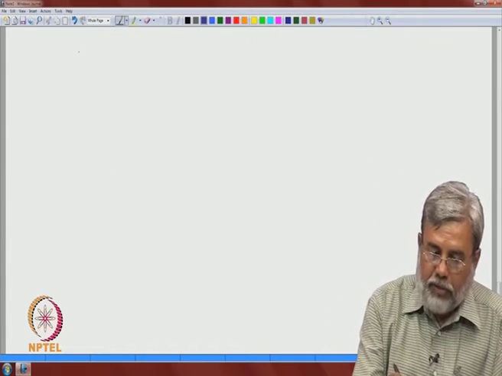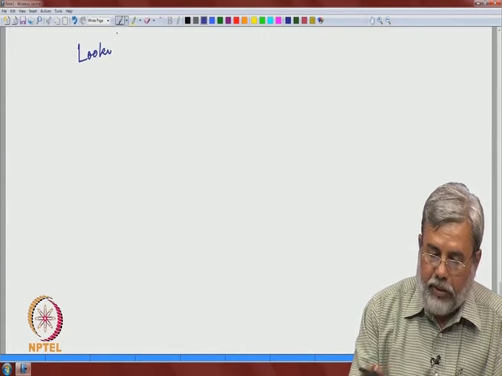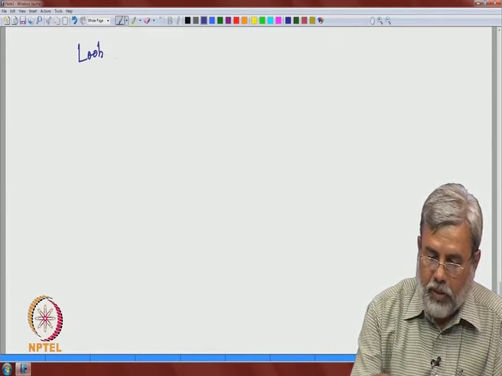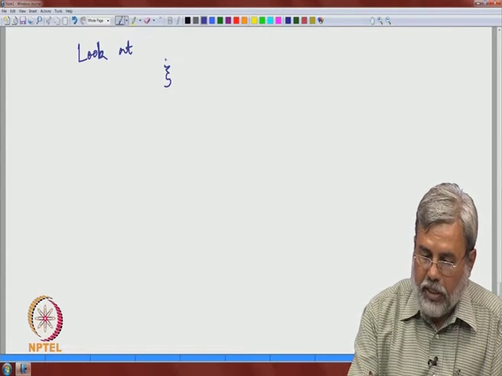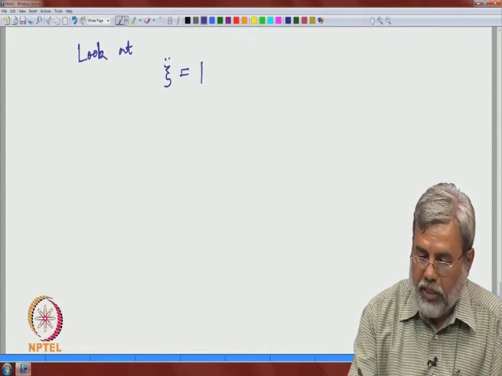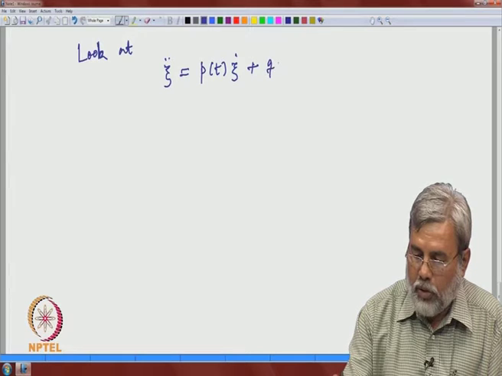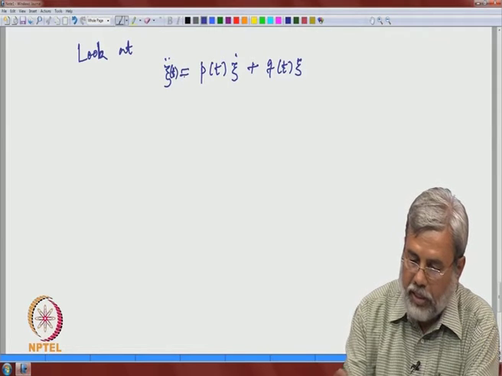So, now again go back and look at the variation equation. Xi double dot equal to Pt xi dot plus Qt xi. Okay. So, everything at t. Okay. So, let me just write that.